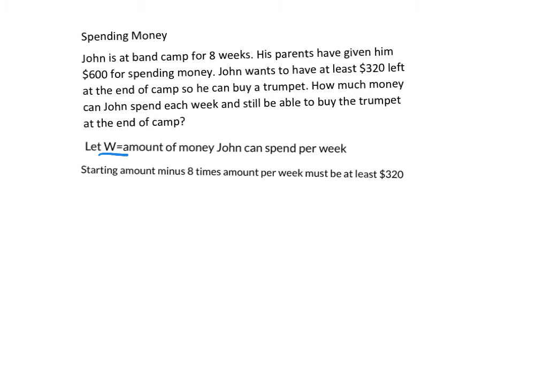We have the starting amount, so he has the $600 from his parents, right, and minus 8 weeks, because he spent the amount of money W per week for 8 weeks. So it's going to be 8 times W, which is the amount that John spent per week, right?